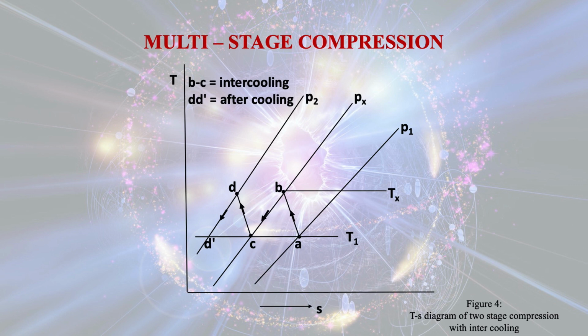So in this case, A to B is the first stage compression following the polytropic compression process. Then B to C is the heat removal through the intercooler, thereby lowering the temperature to T1. Again, C to D is the compression process in the second stage, and at the point D we get the high pressure P2 for the air, but its temperature will be T2.